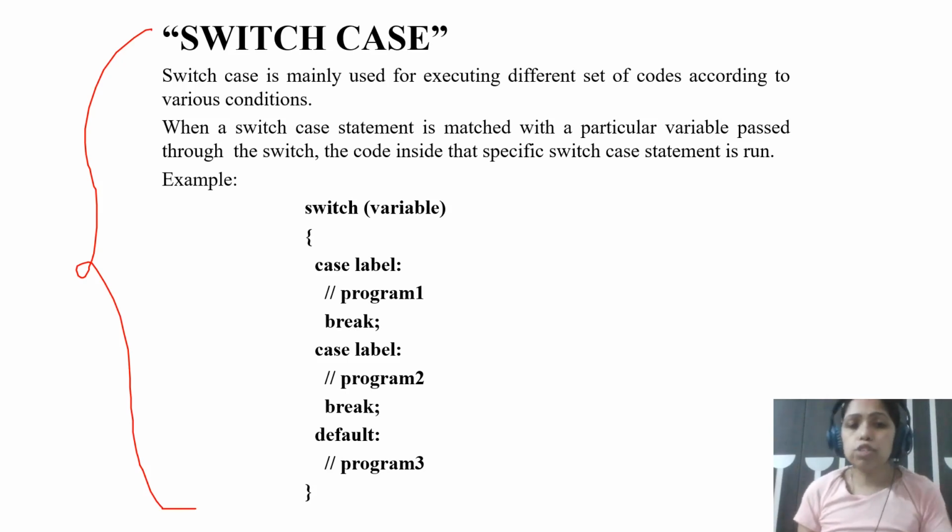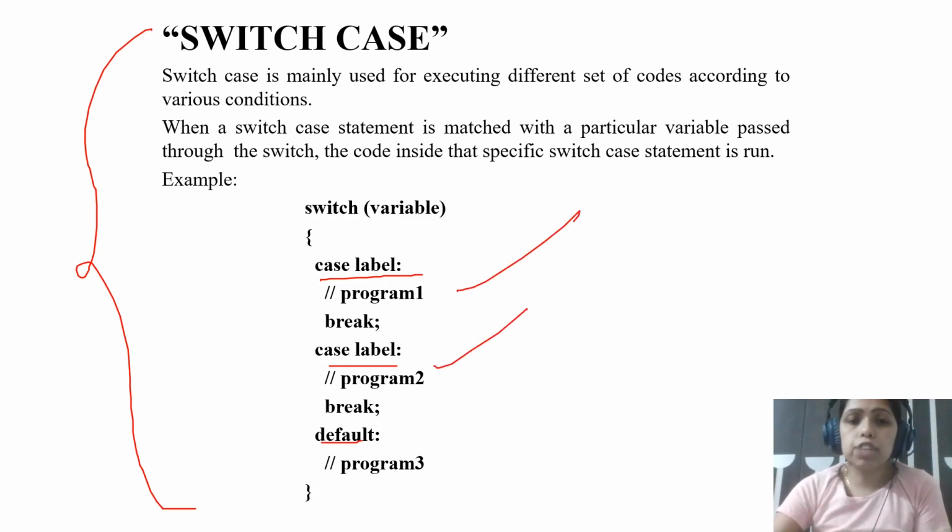So then you have to use the switch case. Okay. In the switch case, you can pass a variable, and there will be different cases, different conditions. So for different conditions, you can execute some set of instructions. It is the same as C programming.